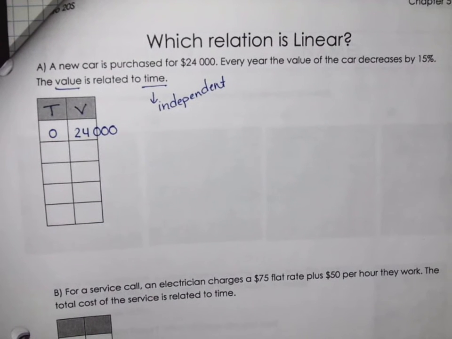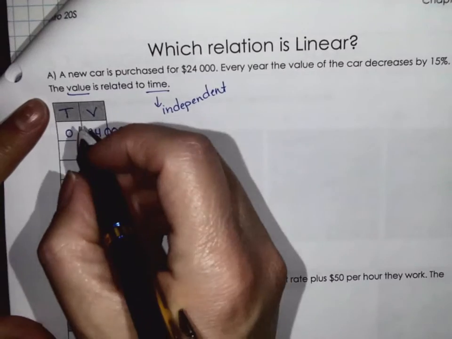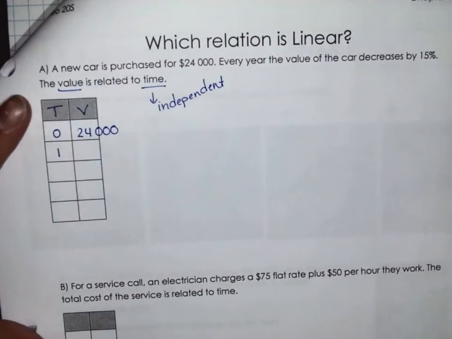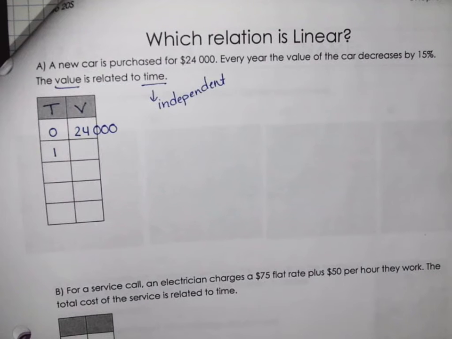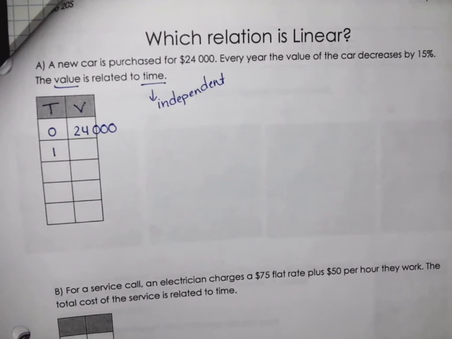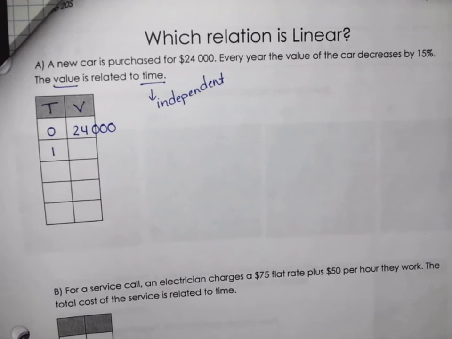Okay. So now I've owned it for a year. How much is my car worth? Is it worth more or less? Let's start there. It's worth 3,600 less every year. Nope. Not every year. Okay.